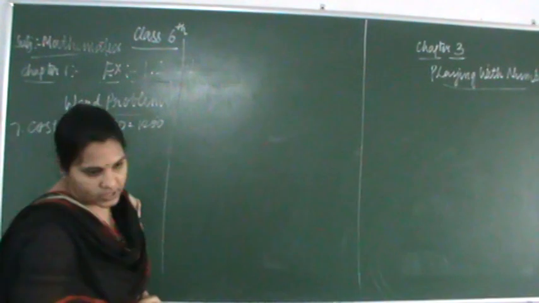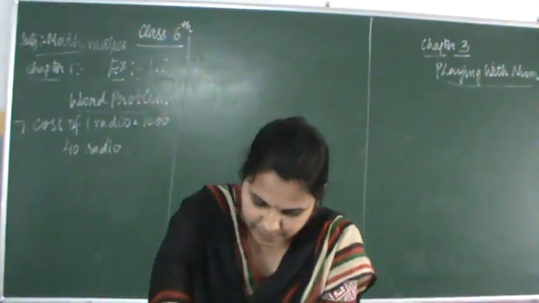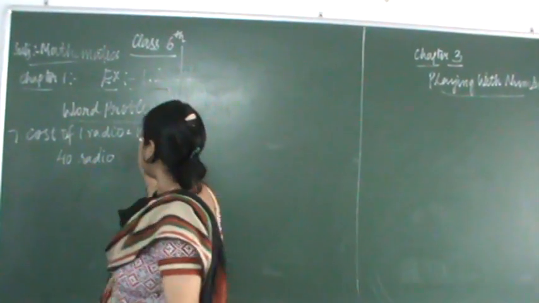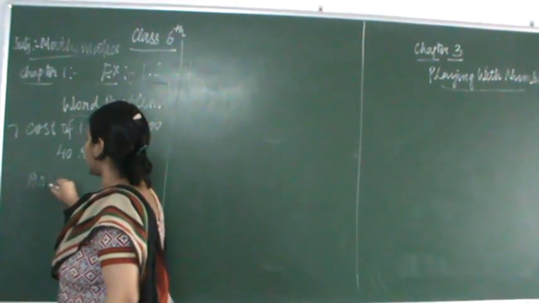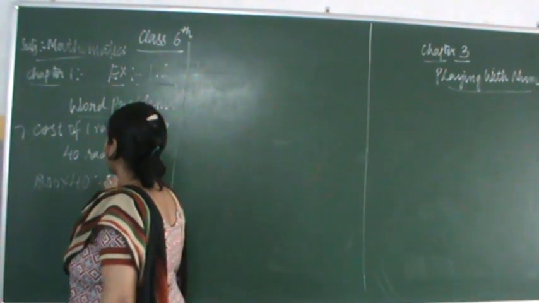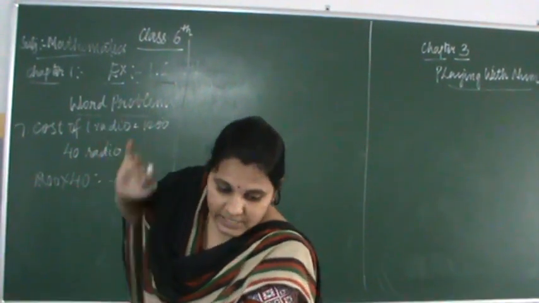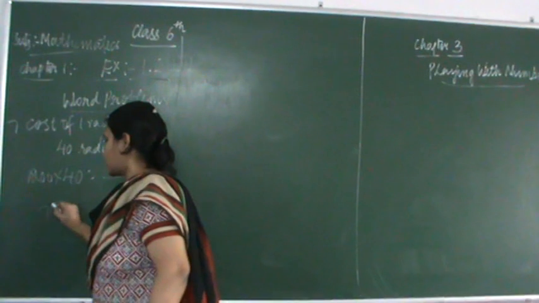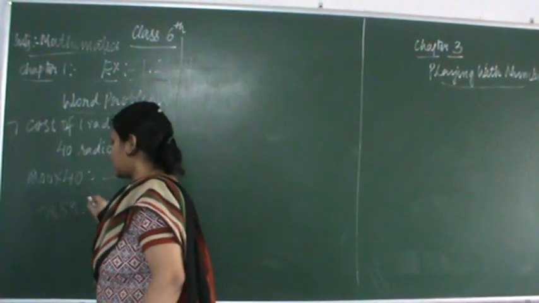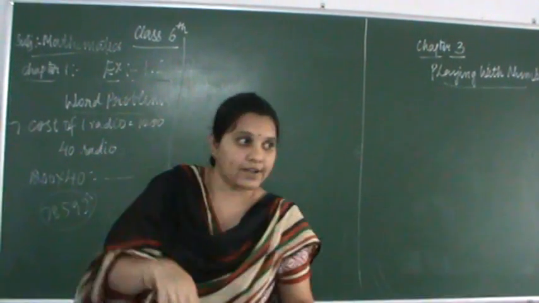So what is he asking? Total money with the merchant. If you multiply 1200 into 40, you will get the total amount the merchant has spent on purchasing the radios. Now the merchant had rupees 78,592 already with her.